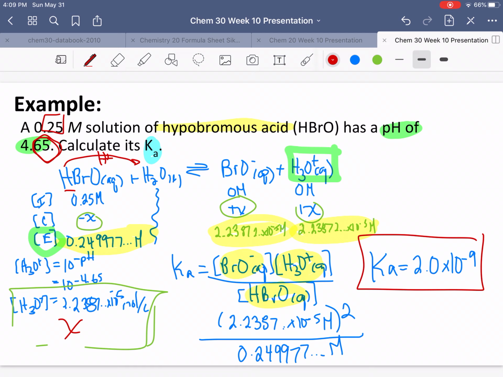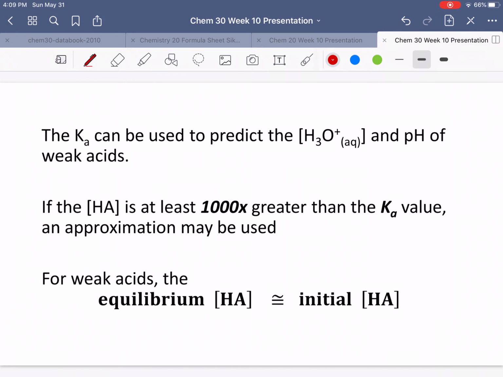Hopefully that feels okay. Now, what if you have a question where the Ka value is one from our chart? So it's something that you can now use the Ka for in order to find the hydronium concentration and in turn the pH. Remember, guys, weak acids. That's what we're dealing with in these equilibriums. Now, little side note here. This is going to come into play.